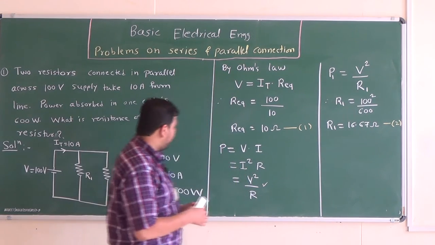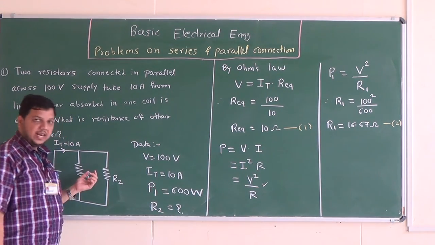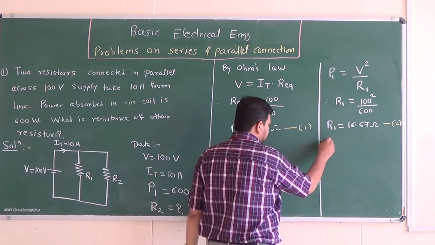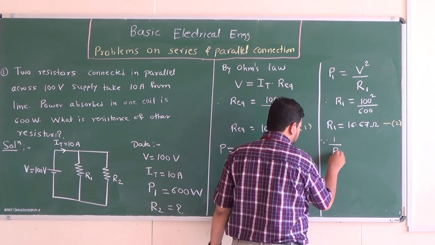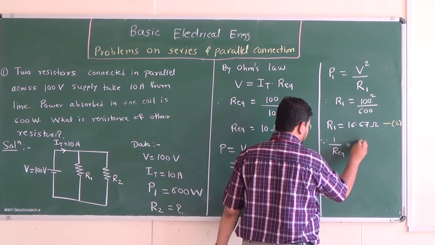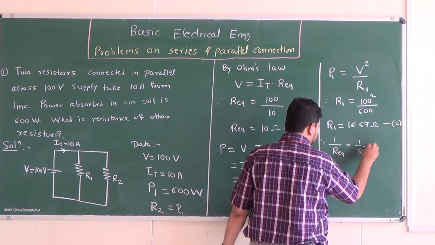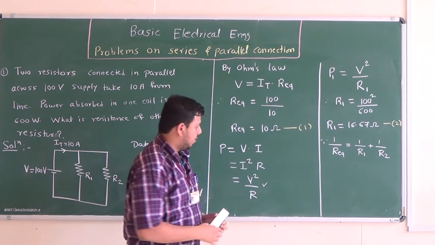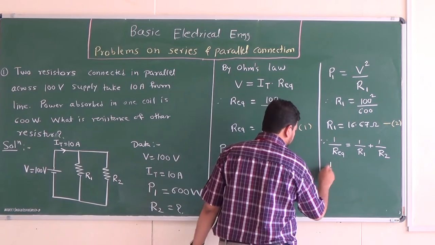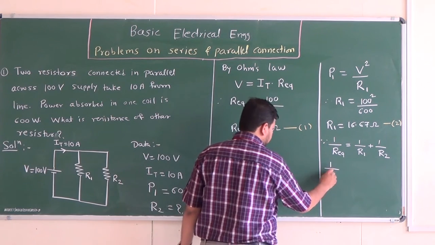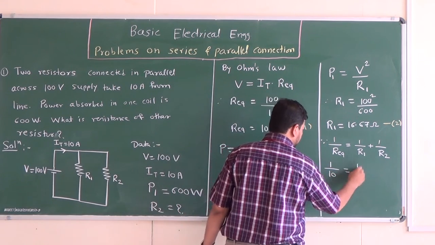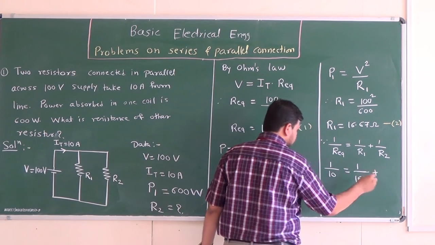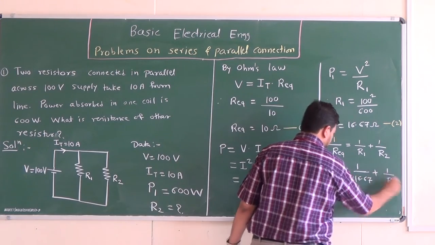For the parallel combination we can write the formula for equivalent resistance. What is the formula in case of parallel? 1 upon R equivalent equals 1 upon R1 plus 1 upon R2. From equations 1 and 2 we can substitute these values. So 1 upon 10 equals 1 upon 16.67 plus 1 upon R2.